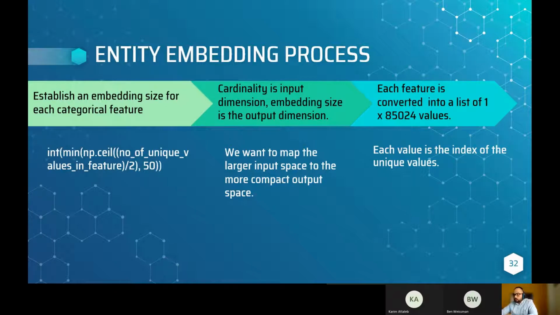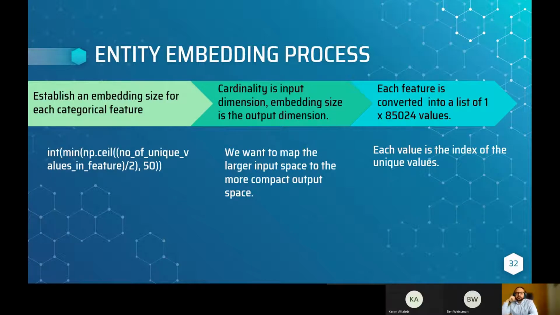I would say it can also be 100, it can be 200, but ideally you want to keep that value in check because you don't want to have a huge embedding vector. But the point is that for features of high cardinality, this embedding is going to be capped. So if the feature has 51 unique values, this function is going to cap it at 50.